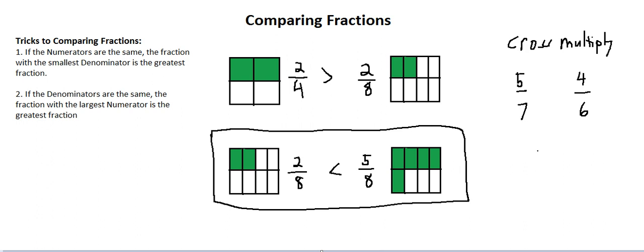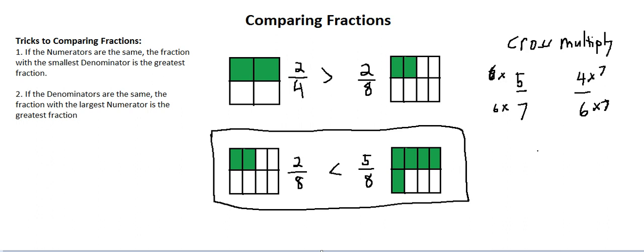Now, something I can do to get the denominators to be the same, I can multiply the numerator by 6 and the denominator by 6 over there, and over here I'm going to multiply the numerator by 7 and the denominator by 7. And the reason I pick 6 here is it's the other fraction's denominator. Here I pick 7 because it's the other fraction's denominator.